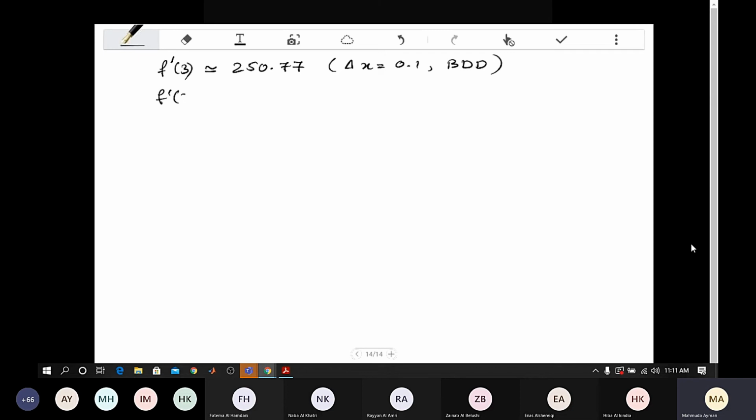And we know that this is exactly equal to 270.05 when you take the delta x approaching 0. Can you calculate for me the true error and the relative true error for this one here now?